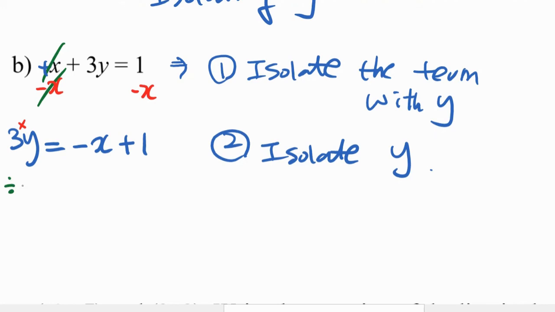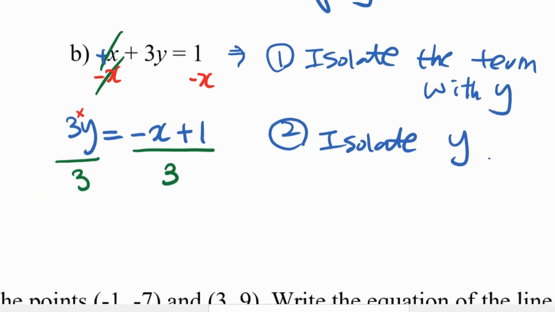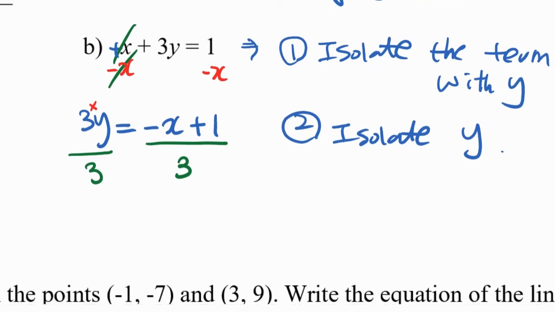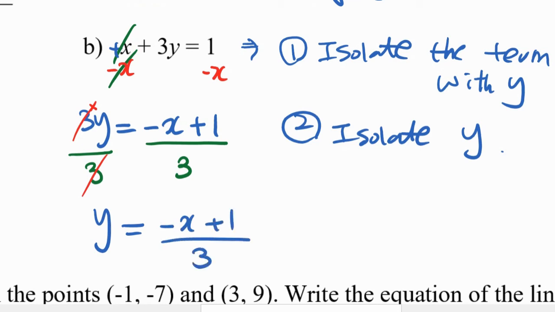The inverse operation of multiplying by 3 is dividing by 3. So let's use a division bar. Divide both sides by 3. Then 3 will be cancelled. Y will be isolated. I have negative x plus 1 over 3.